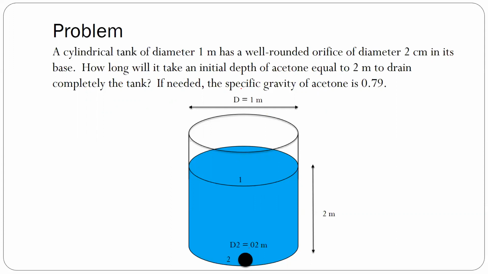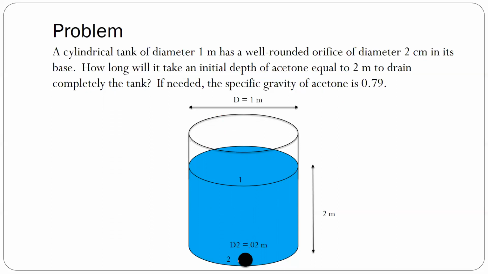Okay, so we're given here the specific gravity of acetone to be 0.79. We'll not use this value, however, because in the mechanical energy balance equation, we will cancel the pressure term. Okay, the reason is that I wasn't able to mention this problem, but this tank here, okay, the opening is open to the atmosphere, and of course, since you have like a puncture here, kaya nga nagde-drain yung liquid, okay?